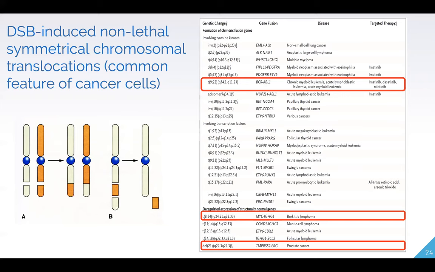So when you put an oncogene under the expression of a strong promoter, right, you end up with many, many, many copies of MYC, and you end up with an oncogenic transformation. This is a typical signature for Burkitt's lymphoma. Many other examples, including prostate cancer and the TMPRSS2-ERG. So symmetric translocations, even though they're not necessarily toxic, could have some serious consequences and potentially contribute to cancer development.